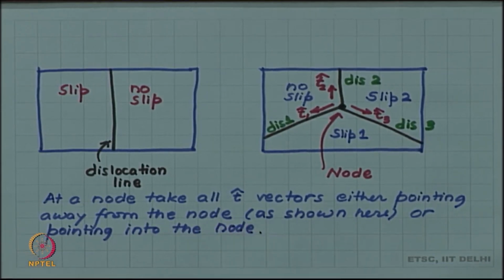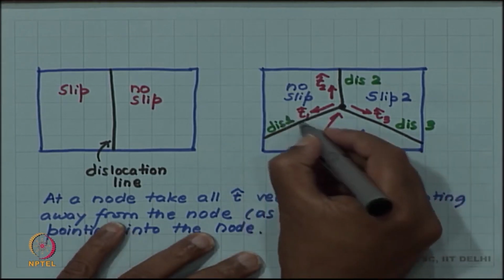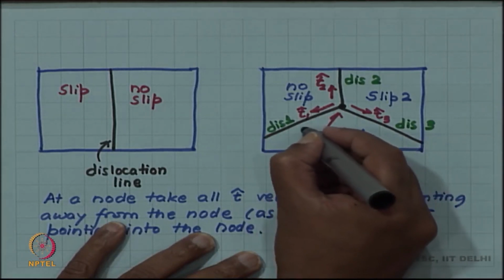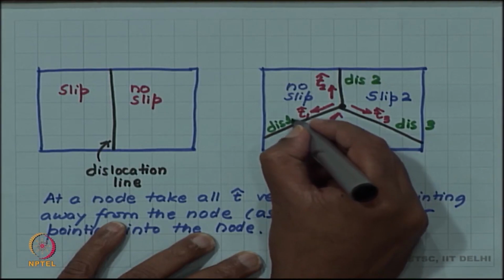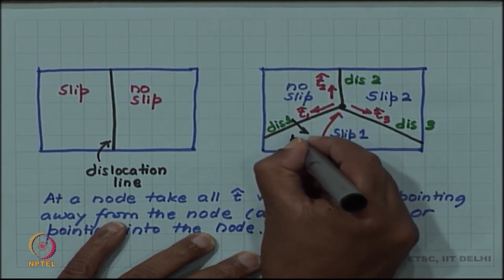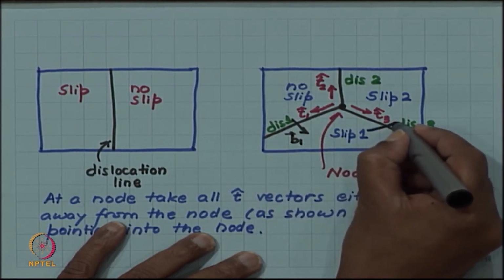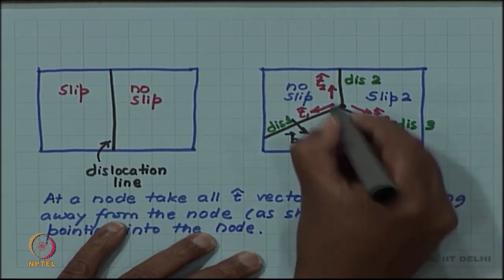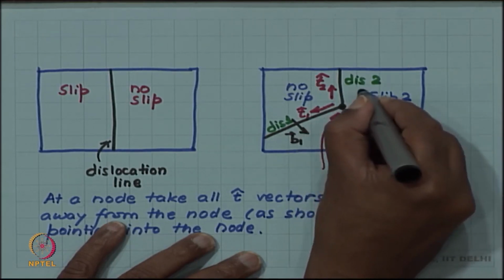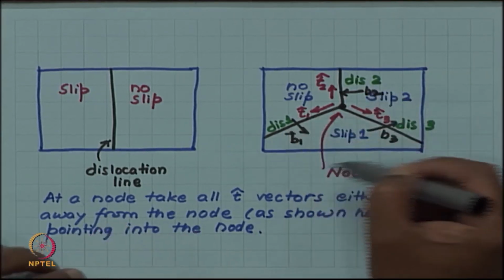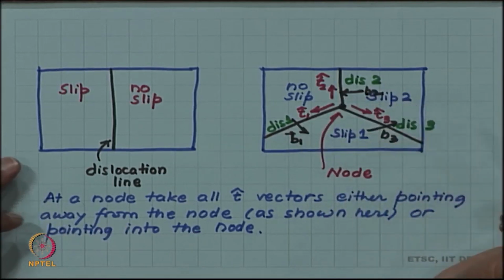And based on these T vectors, you determine their Burgers vector. So, each of them will then have some Burgers vector associated with the dislocation line. So, let me call this Burgers vector B1, this Burgers vector B3, and this Burgers vector B2. So, all the dislocation lines will have the corresponding Burgers vectors.